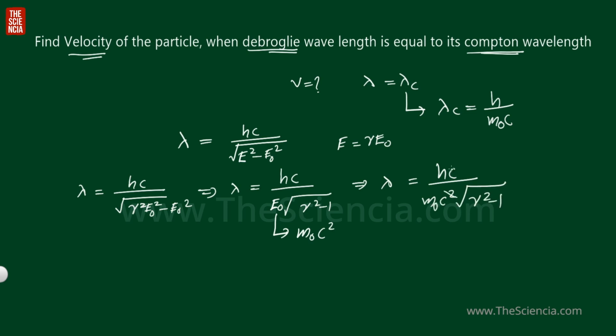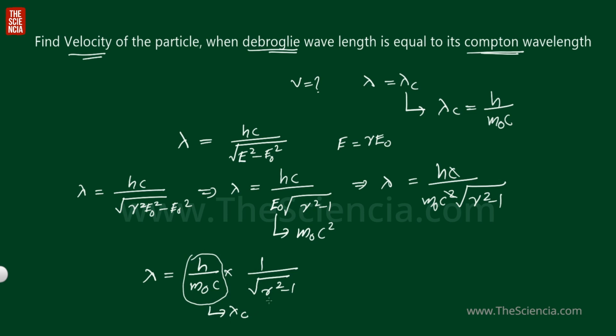So I can cancel one of the c, and remaining I get lambda equal to h by m0 c into 1 by root of gamma square minus 1, where we know this term is nothing but the Compton wavelength, that is lambda c.